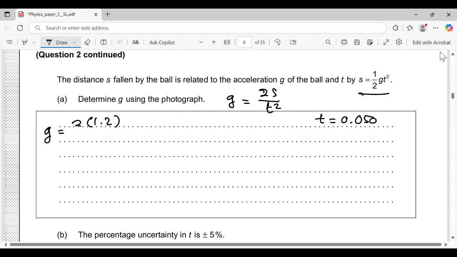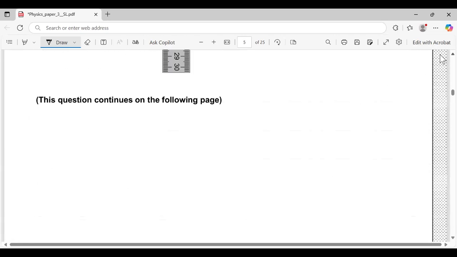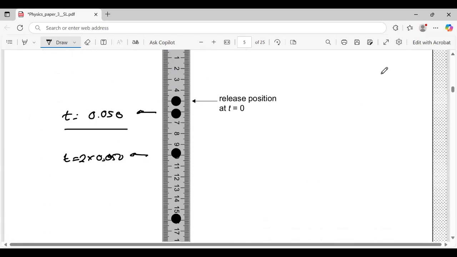You look, the distance from this one to here is 1.2, from 5 to 6.2.